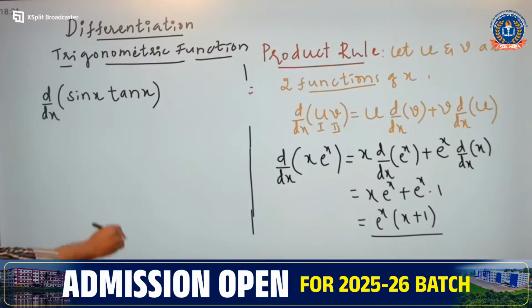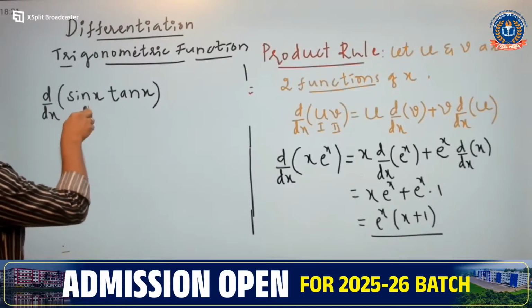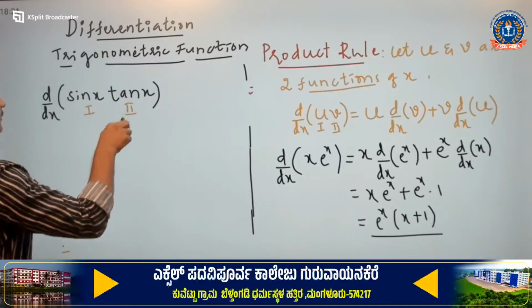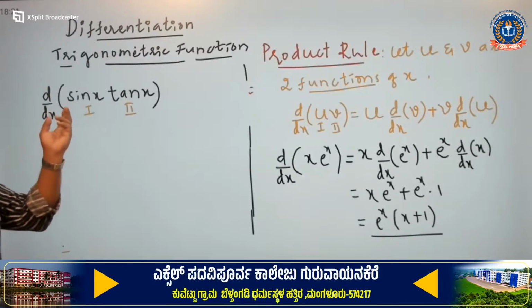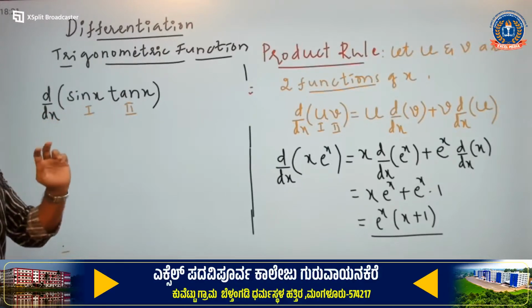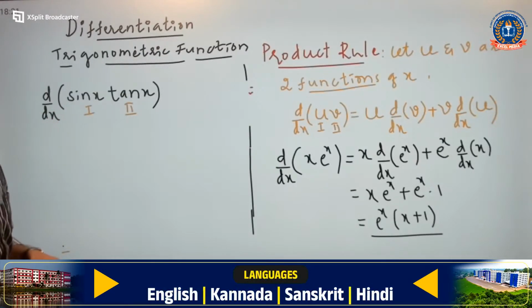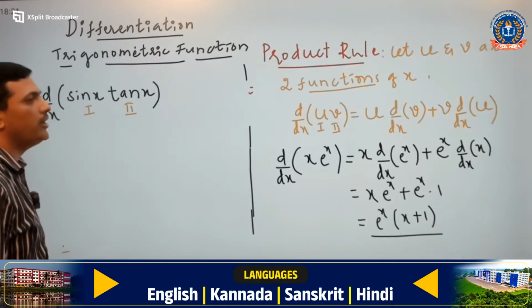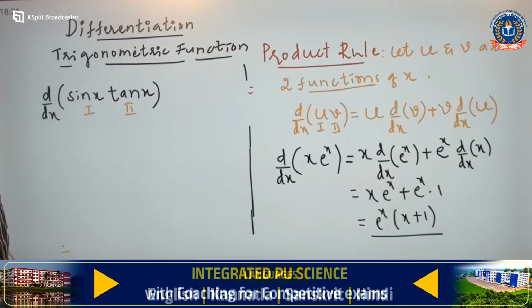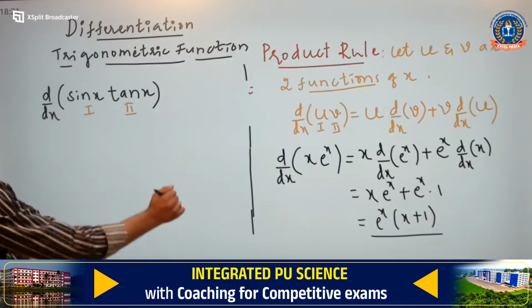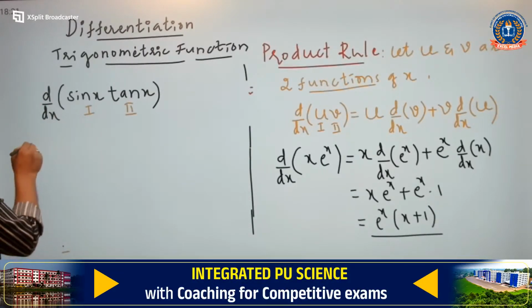Okay, now this is the first function and this is the second function. It's not necessary that you should take sin x as the first or tan x as the second. You can take anything because product is commutative. AB equal to BA, 3 into 4 equal to 4 into 3. That's all the procedure, right? Now just solve this one.